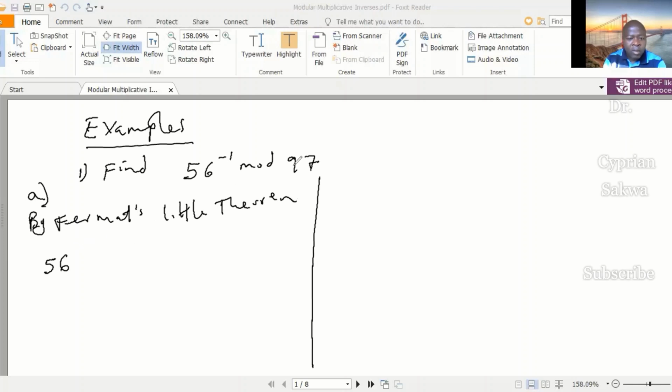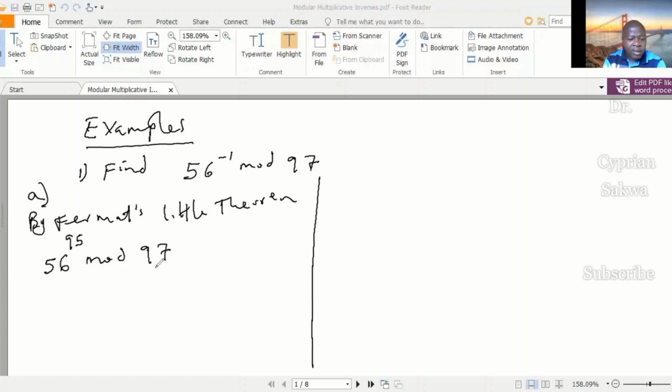Our P is 97, minus 2 will be 95, mod 97. So that is how we find the inverse. It will be given by 56 raised to 95 mod 97.